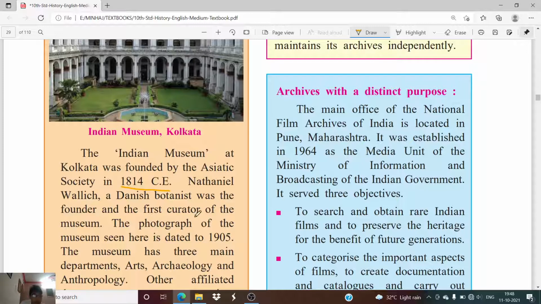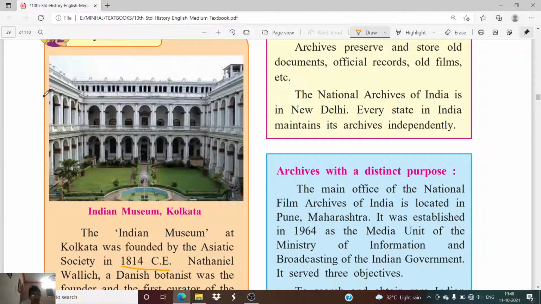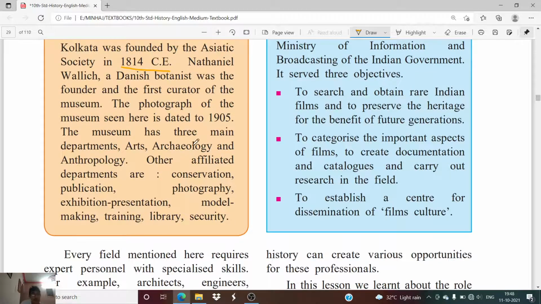The photograph of the museum seen here is dated to 1905. The museum has three main departments: arts, archaeology and anthropology. Other affiliated departments are conservation, publication, photography, exhibition presentation, model making, training, library and security.